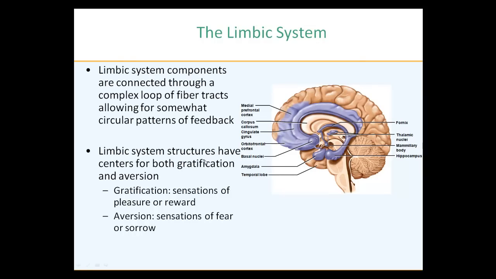So the limbic system is really associated with a lot of emotional things, with a sense of pleasure when you accomplish something, and a sense of fear. It's again a very mysterious system.